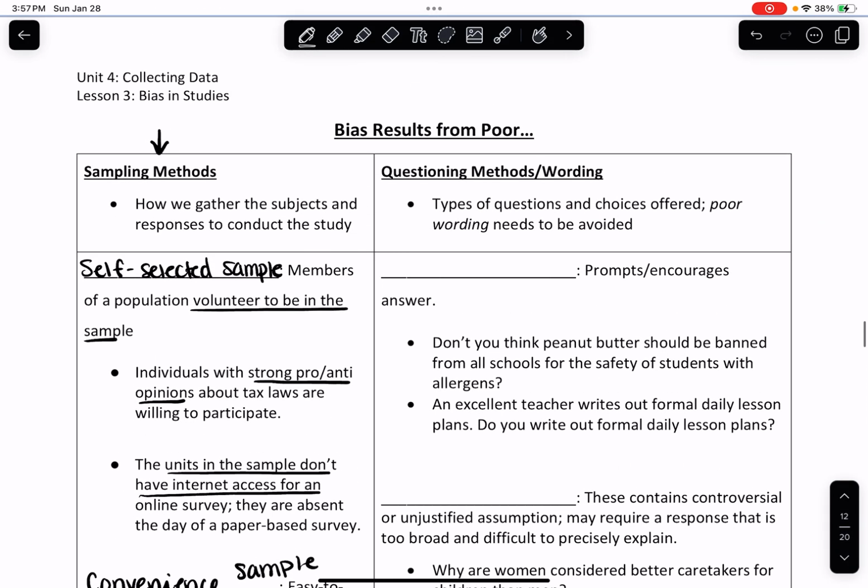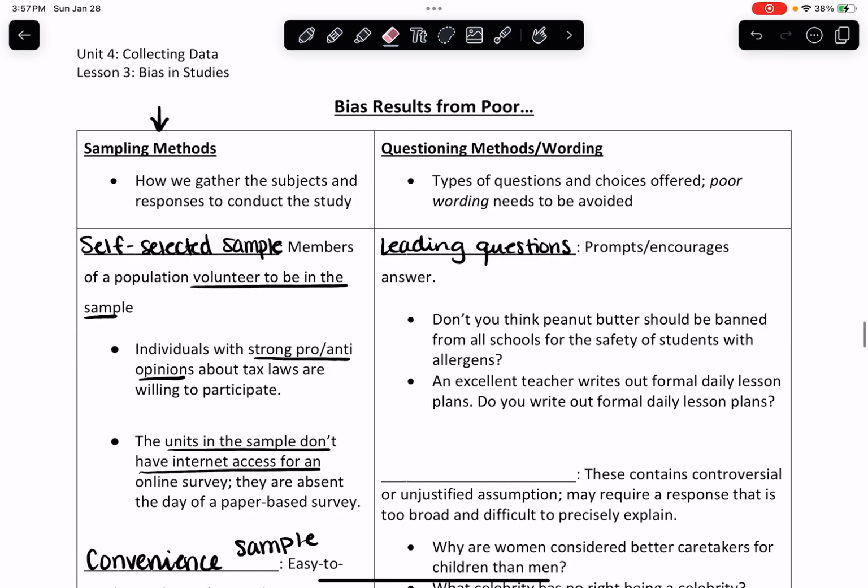So that is sampling methods that are biased. Now, if we look at questioning methods or wording, leading questions prompt or encourage a specific answer. So if you say, don't you think peanut butter should be banned from all schools for the safety of students with allergens?